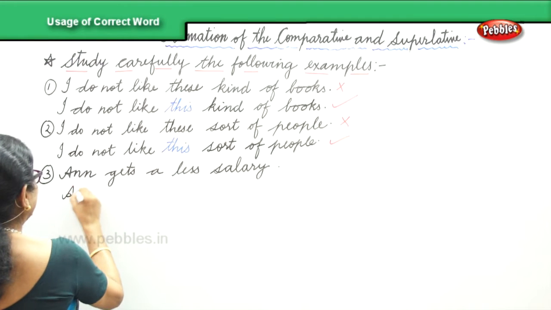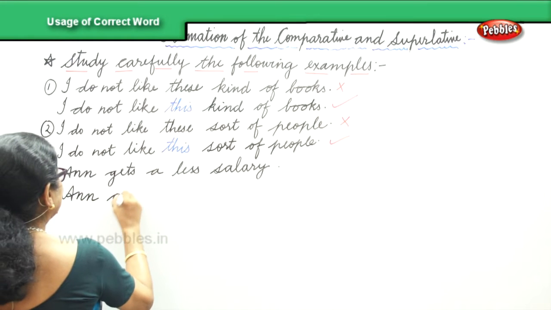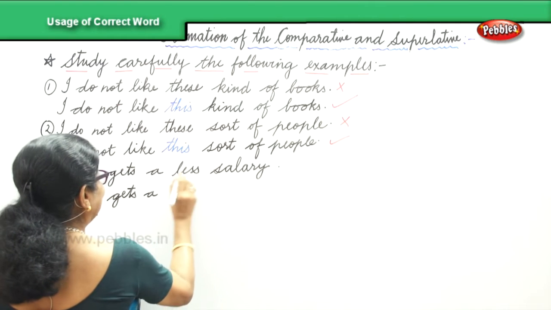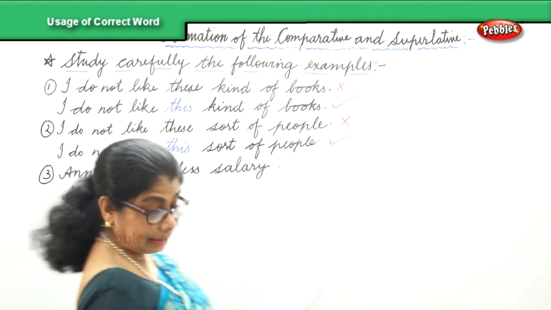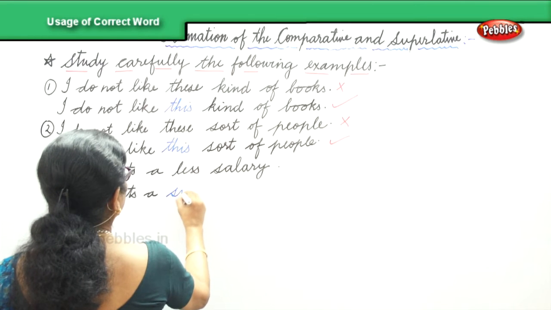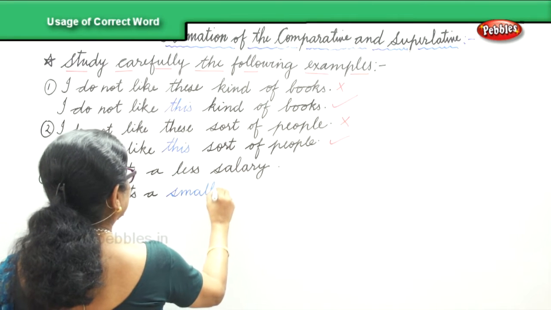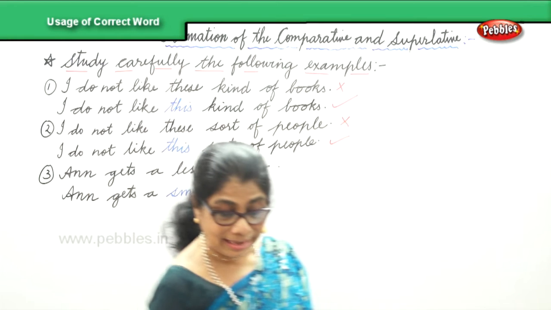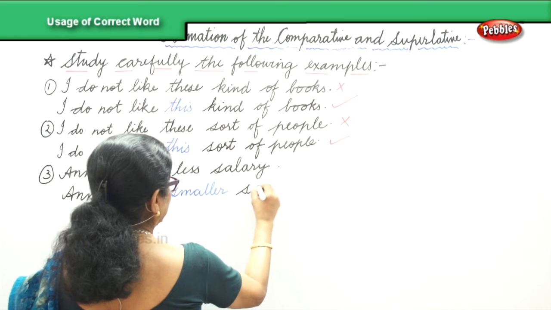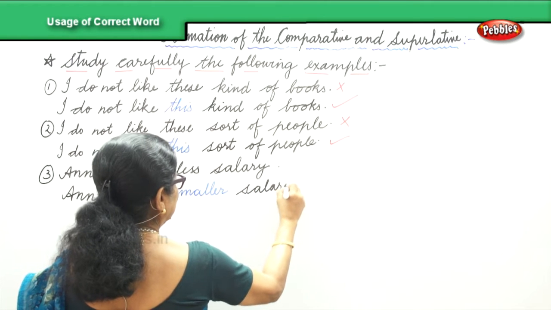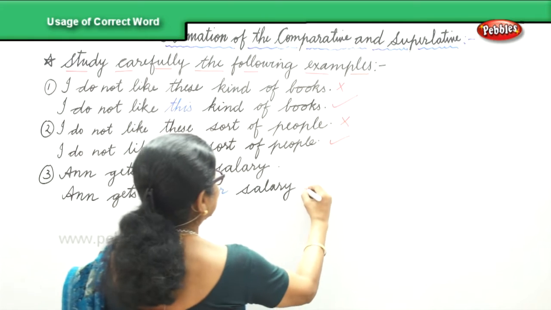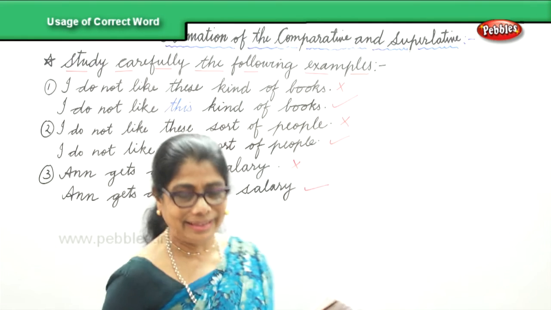You must not say less, and gets a smaller salary. That's the perfect way of saying. You should not say Anne gets a less salary. No. You must say Anne gets a smaller salary.